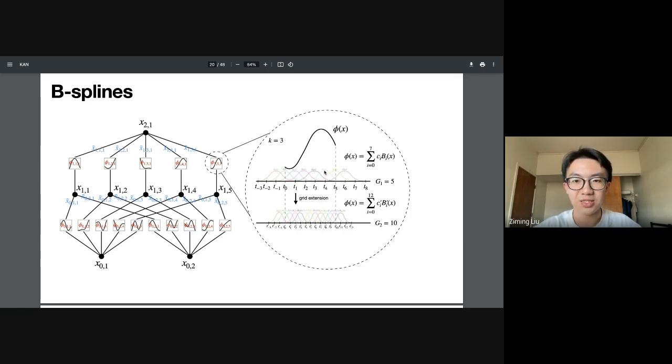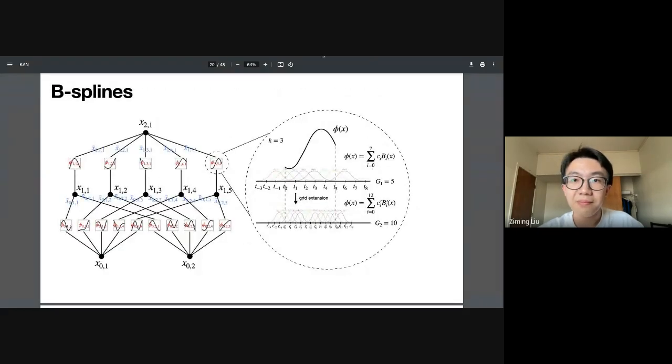What's nice about this B-spline formulation is that you can easily switch between coarse-grained and fine-grained grids. You can start from a coarse-grained grid, but when you want more accuracy, you can just use a finer-grained grid.